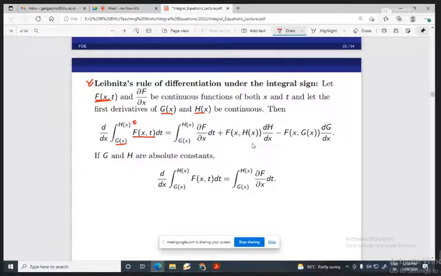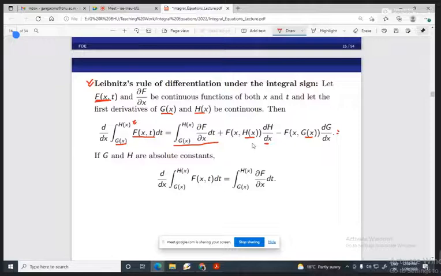This is equal to the integral of the partial derivative of f with respect to x, plus f with the upper limit put in place of t times the derivative of the upper limit dh/dx, minus f with the lower limit in place of t times the derivative of g with respect to x.